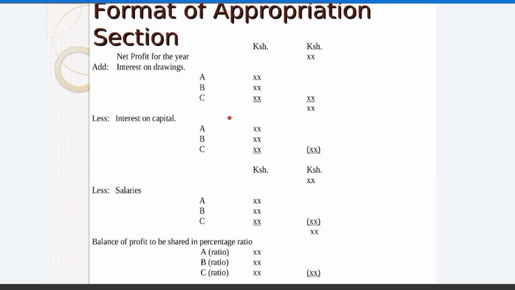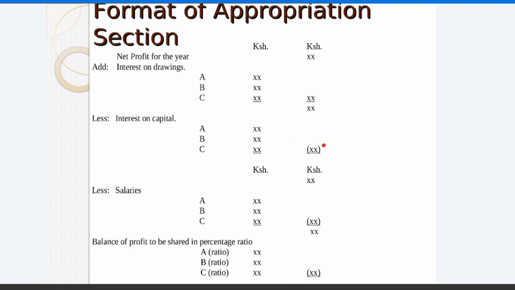So the profit of that year will be increased by the interest received from the partners on their drawings. And that profit will be used to pay the interest on capital. So that is why we will less the interest on capital. Any interest that is paid on capital to the partners will be deducted from that.